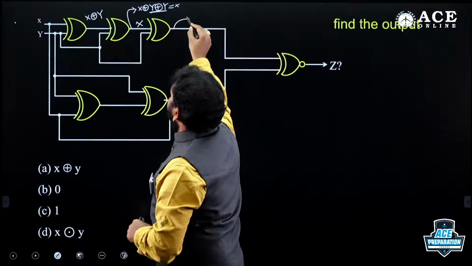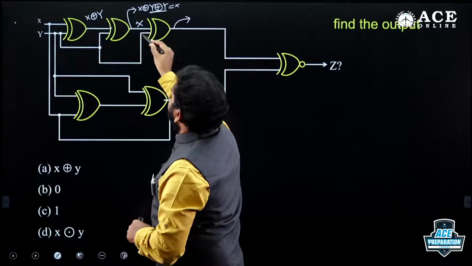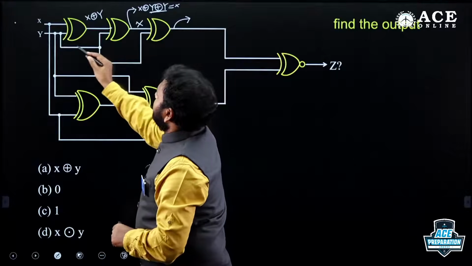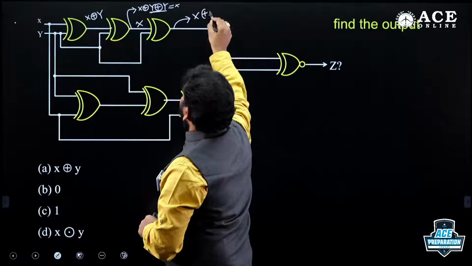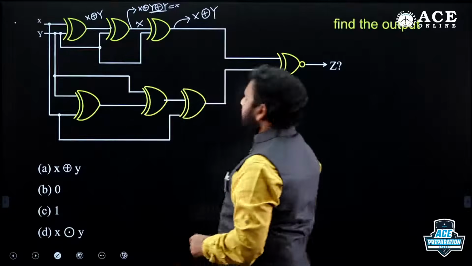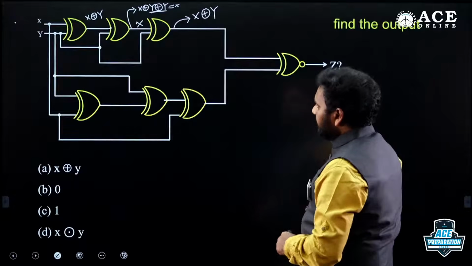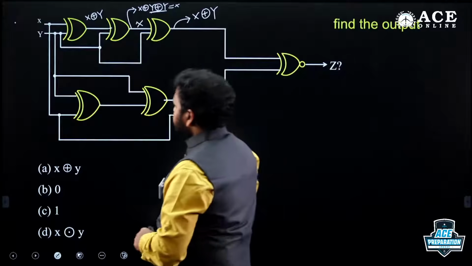What is output of this logic gate? One input is X, next input is Y. This is X XOR Y, okay? What about this?